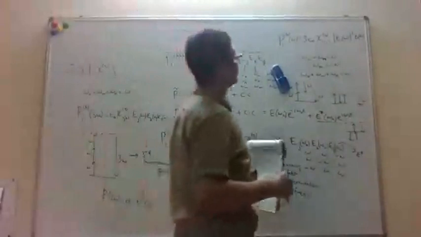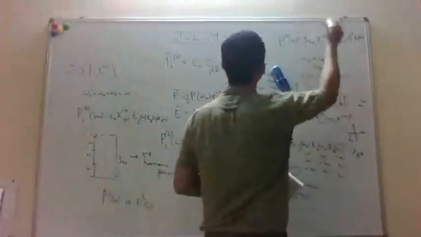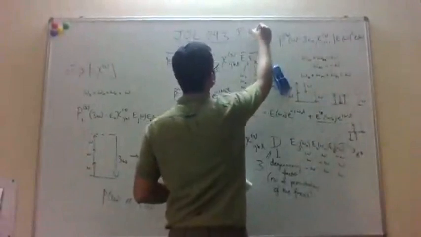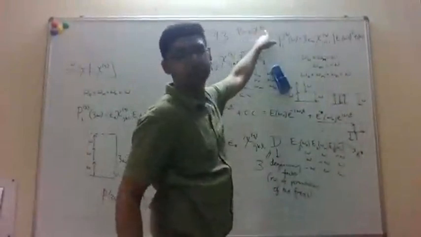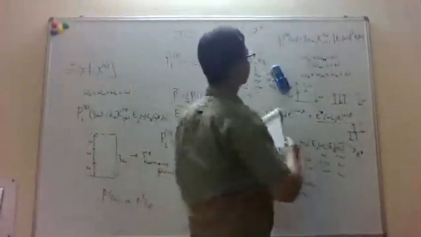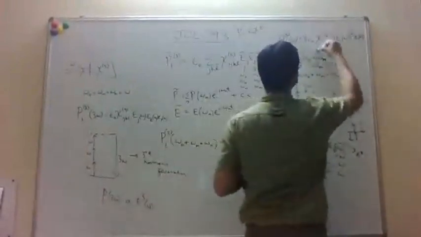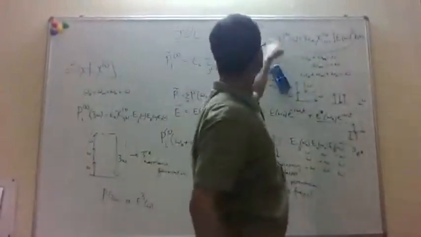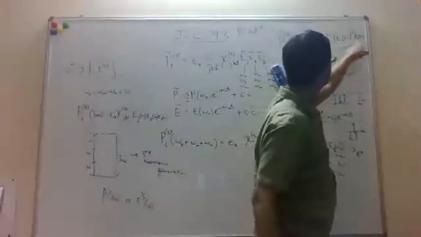Okay, and you can see that. So remember, the linear case is just this: the polarization is proportional to the field. So here, if I club this whole thing inside, it looks somewhat like this.